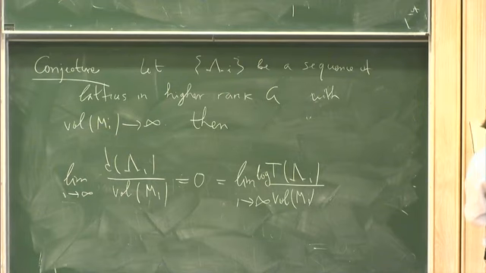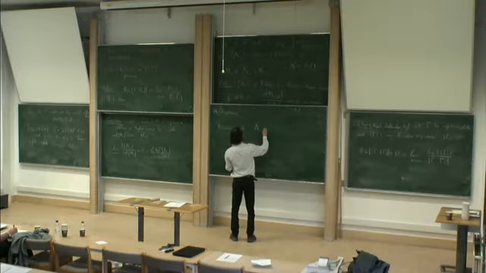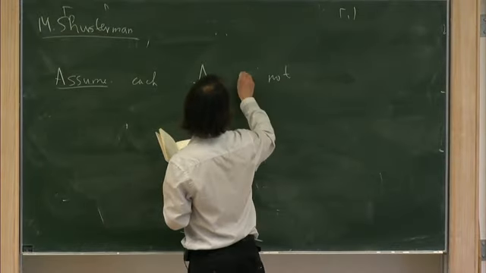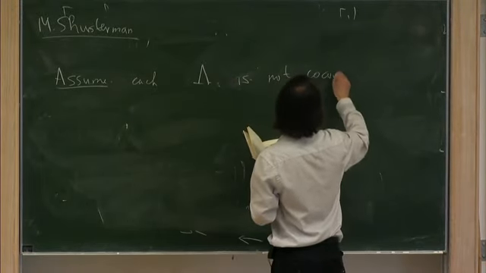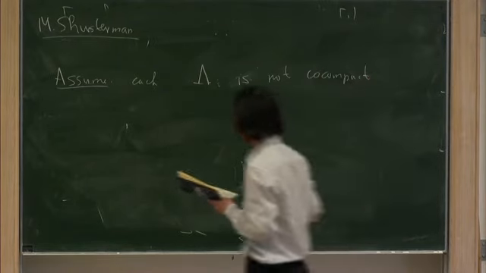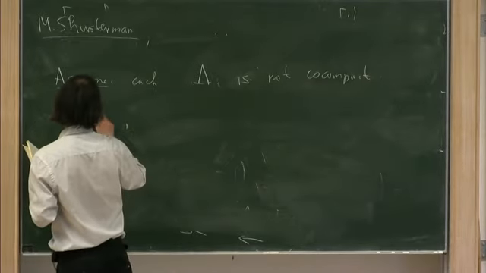Well, the assumption is, of course, we're now going to assume that each lambda i is not cocompact. Then, okay, what does it mean?